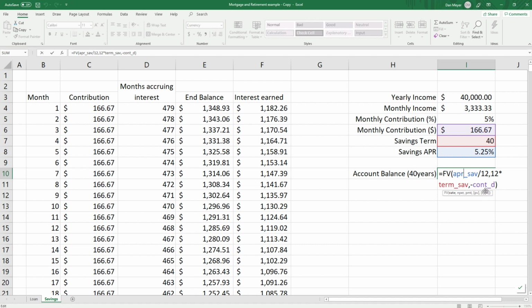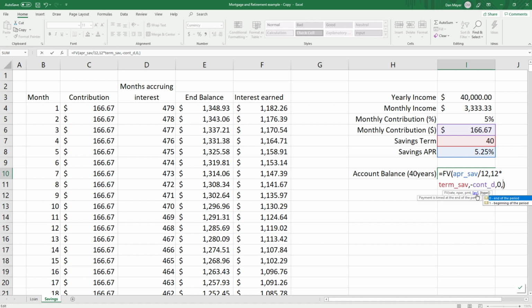This type is the one that, if I wanted to make my deposits at the beginning of the month, and this PV, if you were starting with money in the account, like if Grandpa gave us $10,000 to get us started off on our lifetime of savings, that's what you would put in for the present value of your savings.